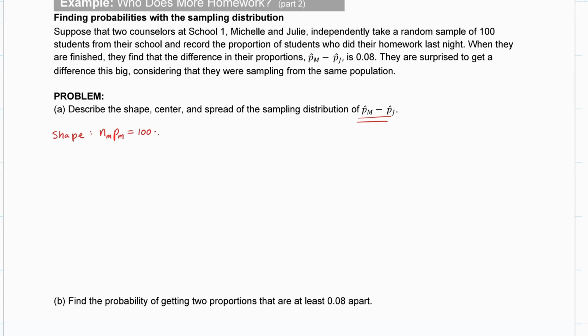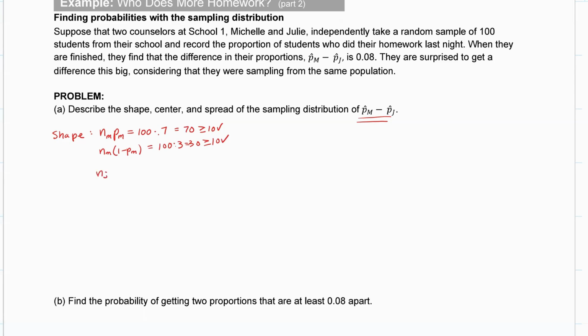And they're both from school one, where there's 70% compliance. So 70 is the expected number of successes. It's greater than or equal to 10. And for Michelle, 1 minus p, for Michelle's sample, 0.3. And again, we get 30. 30 is greater than or equal to 10.